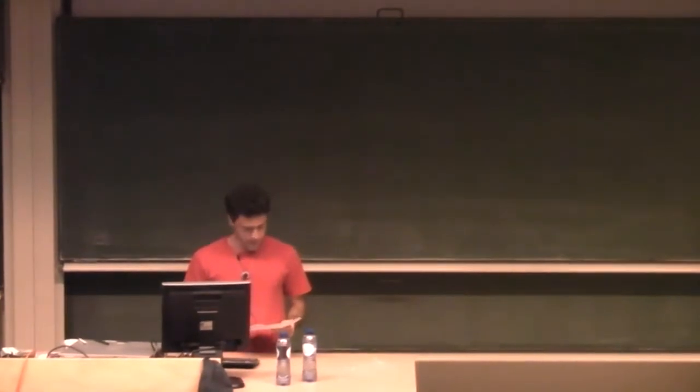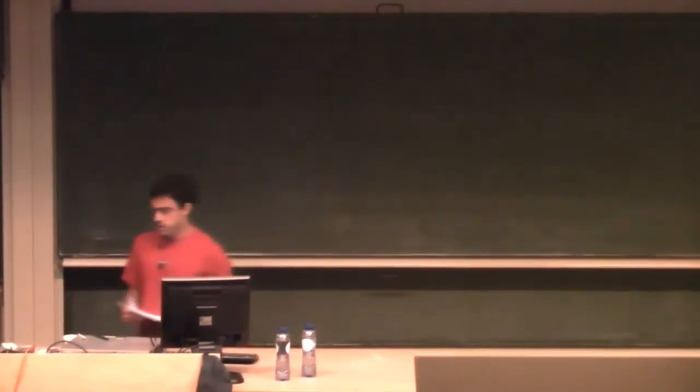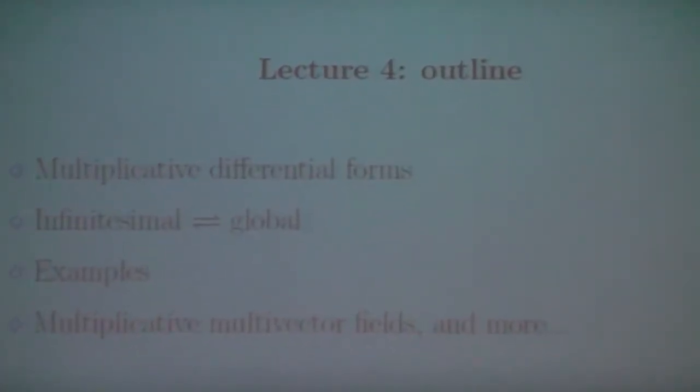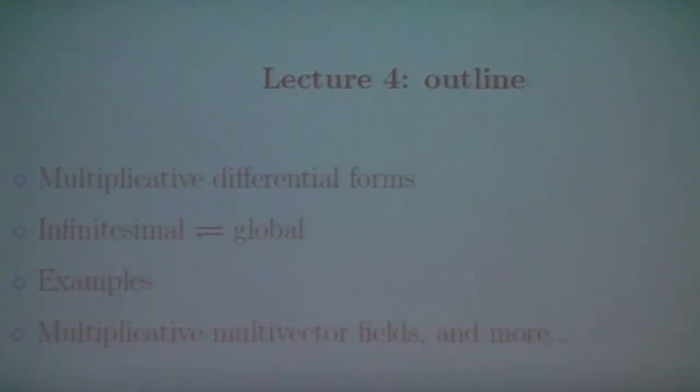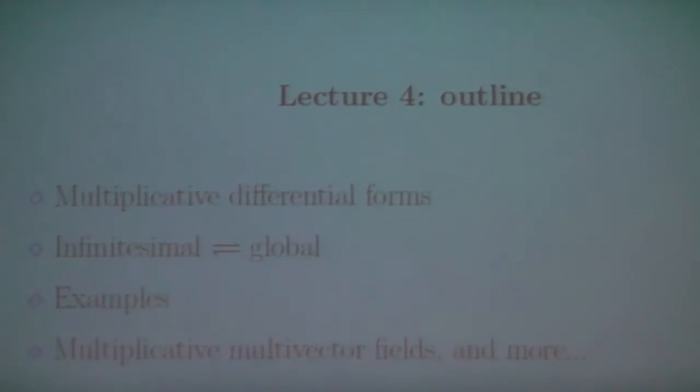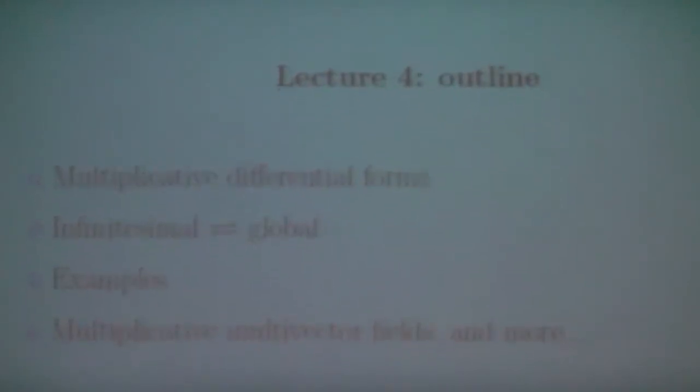So what I want to do today, this is the outline. I would like to talk about multiplicative differential forms in general. We saw multiplicative symplectic forms on groupoids, and I would like to explain what the infinitesimal geometry associated with them is, give some examples, hopefully connecting a bit of this story with what Anton talked about, and then, if I have time, talk about other things that are being done right now.